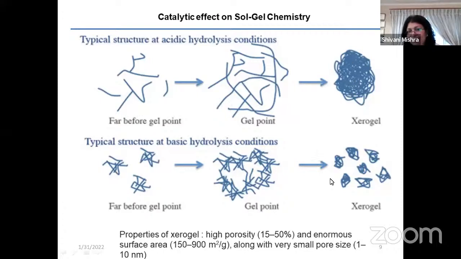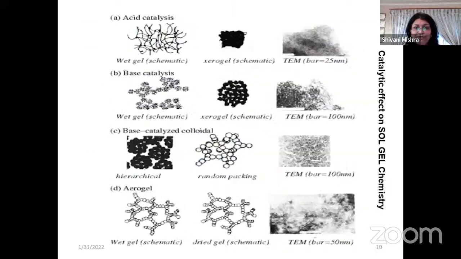But those networks are small little networks when we use the base. So again, just to make you understand how we can do the nano engineering right at the beginning to define the different kinds of shapes and sizes of the network that we like to have.